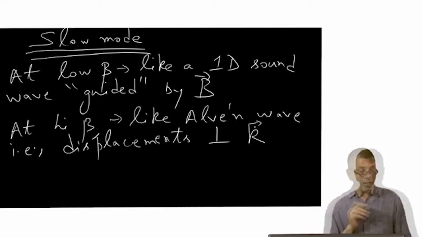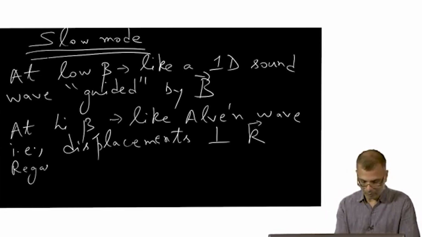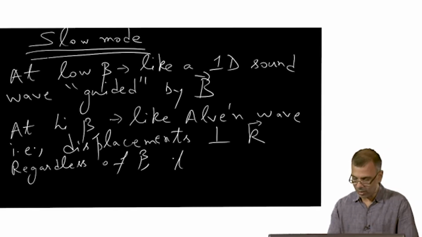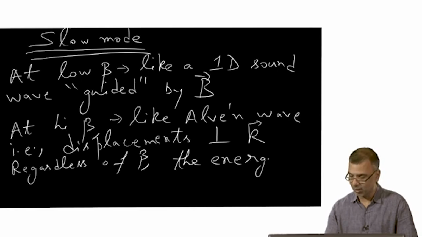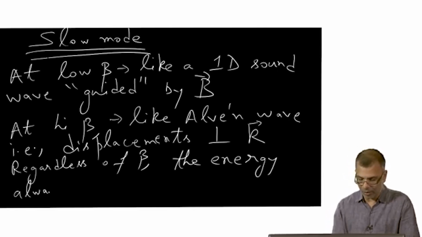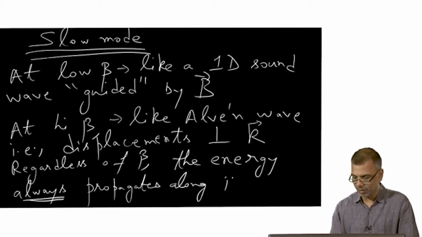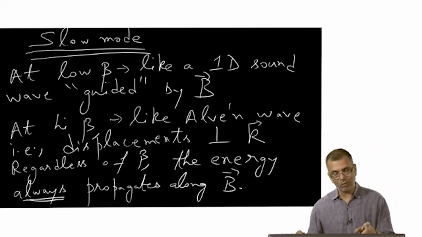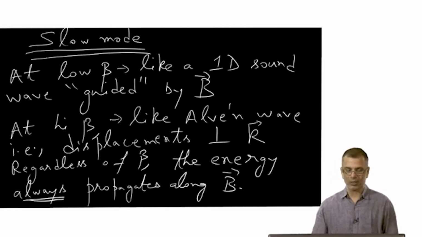And regardless of the beta, the energy, the group velocity d omega dk, always propagates along the magnetic field, along B. So you notice the big difference between the slow mode and the fast mode with regard to energy propagation.